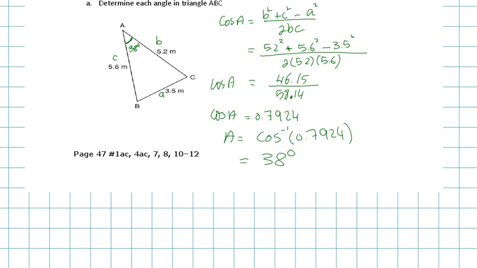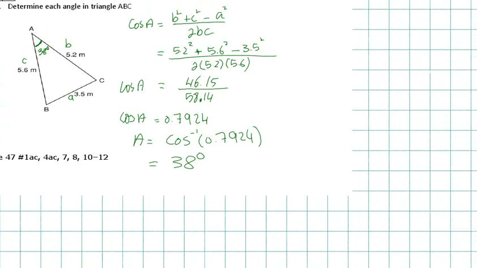Okay? So remember that with sine law, if you're solving for an angle, you use the sine on the top. I'm talking about A and B, so I have to use sine A and sine B. What's angle A equal to?